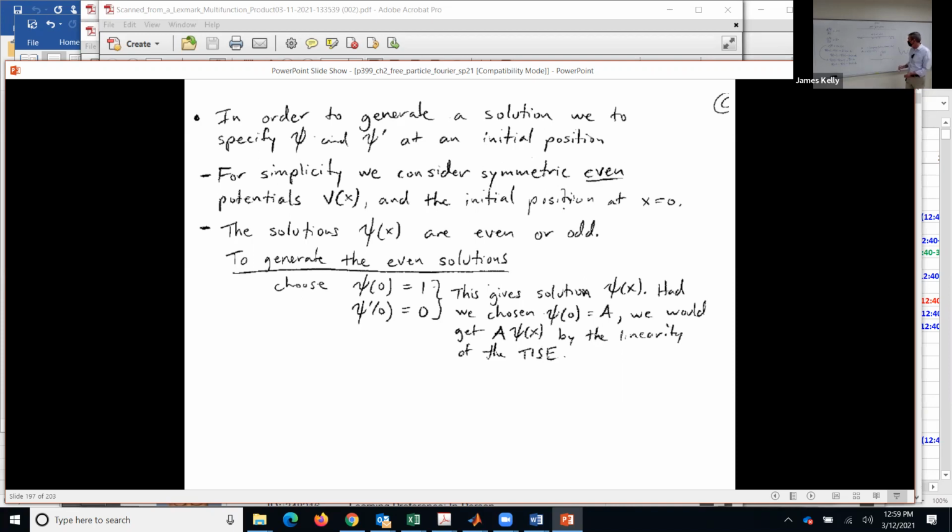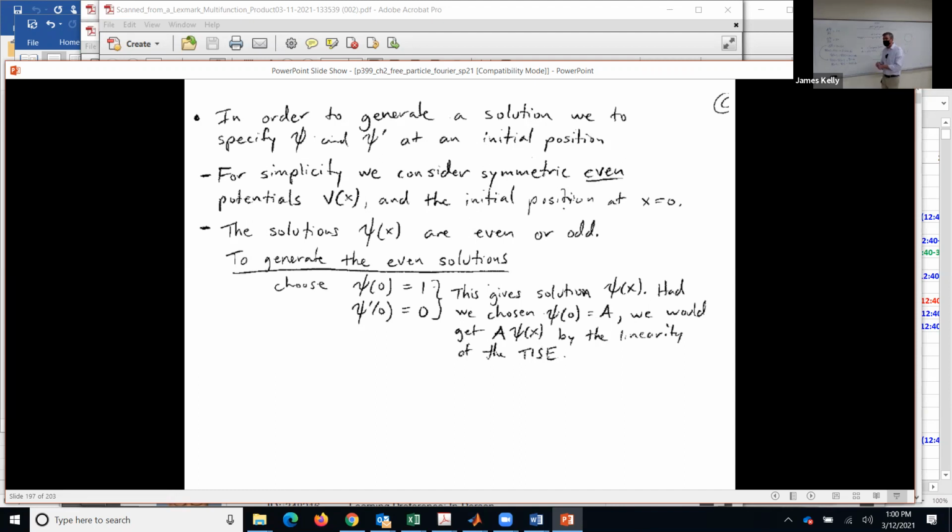So if I'm generating an even function, generally we're going to assume that x equals 0 corresponds to this middle position here. It's not going to correspond to x in position 1, but rather in whatever the middle index is. We're going to take the height of the function to be 1. The more important part is that the derivative of it is 0 there. Okay, so we're going to take psi prime to be 0 there and psi to be 1 there.